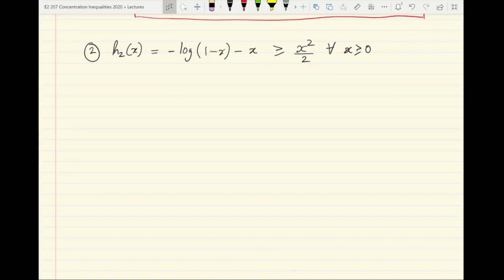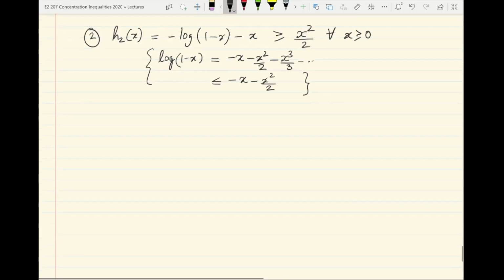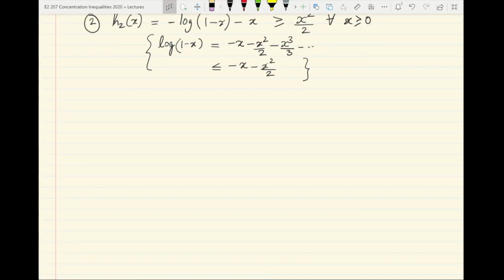Okay, this is basically because log 1 minus x, if you think of its Taylor expansion, is minus x square by 2 minus x cube by 3 minus and so on. And since you are subtracting off, this is at most minus x square by 2. Okay, and that's basically the inequality above, in spirit.